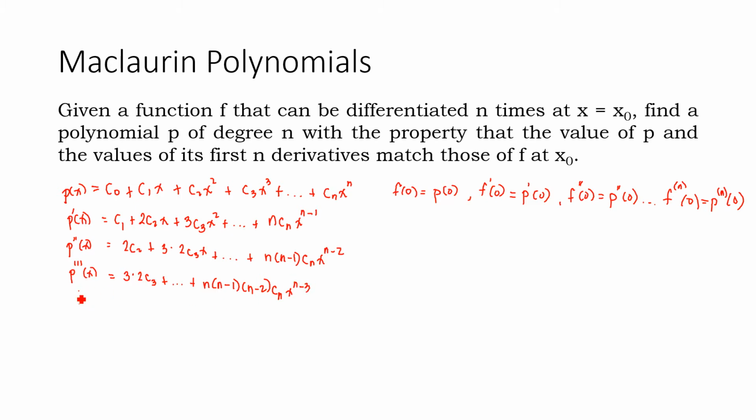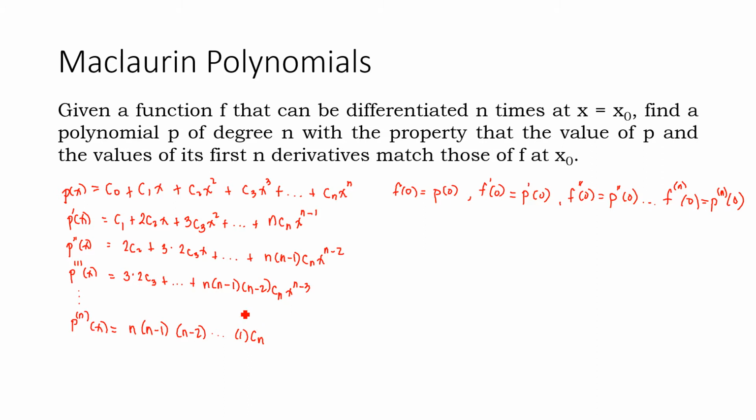And if we go down, in this case, you could have the nth derivative of p of x would be equal to n times n minus 1 times n minus 2 up to 1 c sub n.